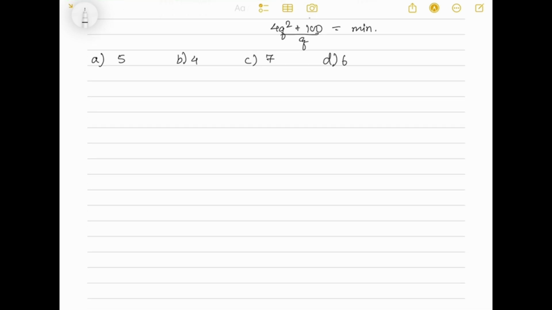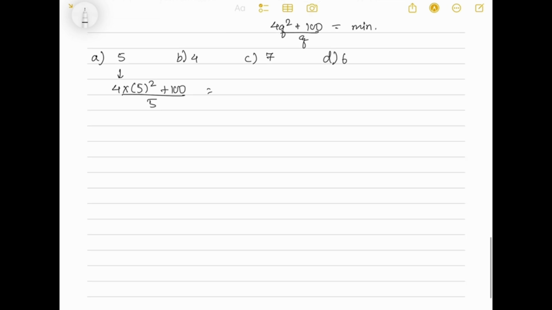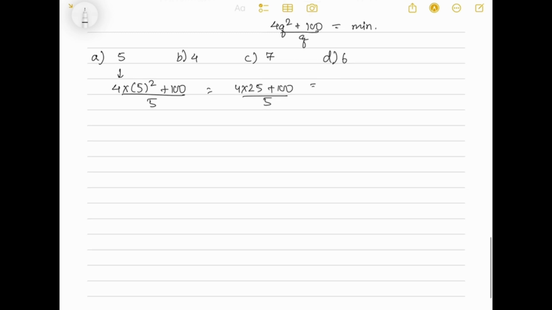For example, if you are taking 5, it will be 4 into 5 square plus 100 by 5, so 4 into 25 plus 100 by 5, we can see that it's 200 by 5 and it will be 40. Then again we will input all of the other options. So 4 into 4 square plus 100 by 4 and so on and so forth.